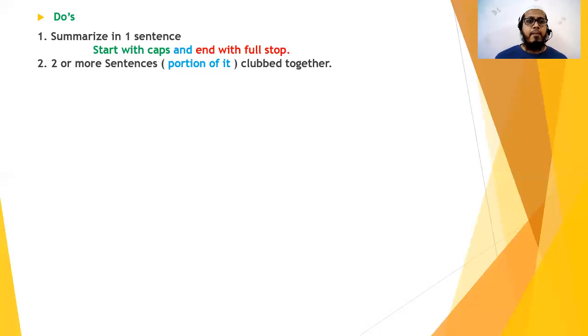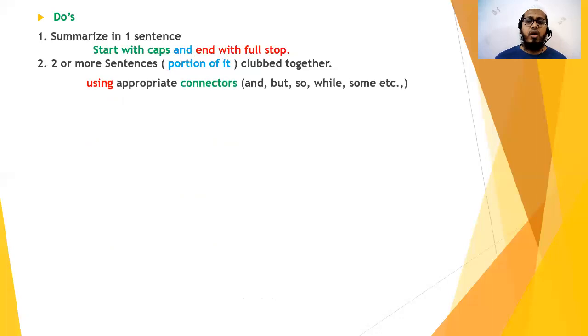The summary that we prepare should be out of two or more sentences, or portions of them. Take the sentence as it is in the given question, or a portion of the sentence, and the portions or chunks that we pick up, we have to club together, making sure the grammar is perfect.